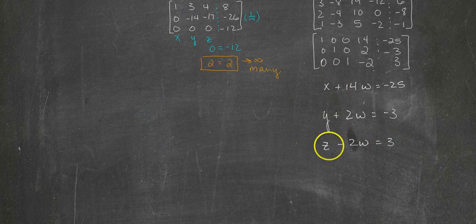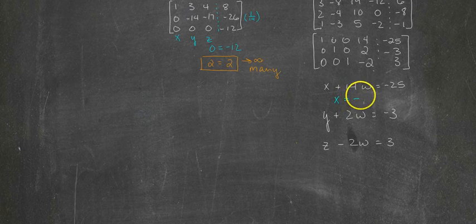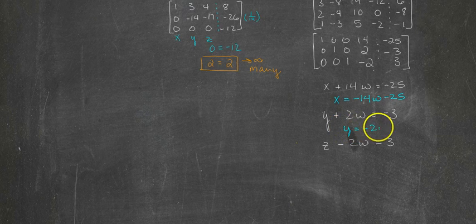Now I can solve each of these equations for the variables x, y, and z, which gives me x equals negative 14w minus 25, y equals negative 2w minus 3, and z equals 2w plus 3.